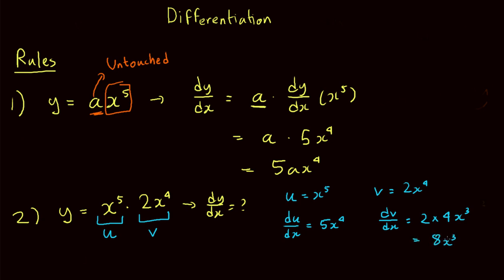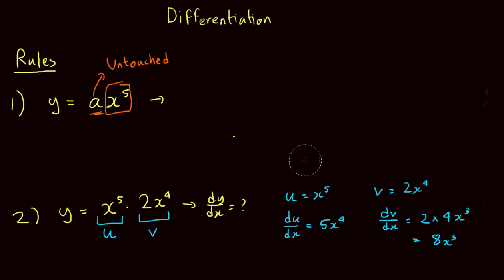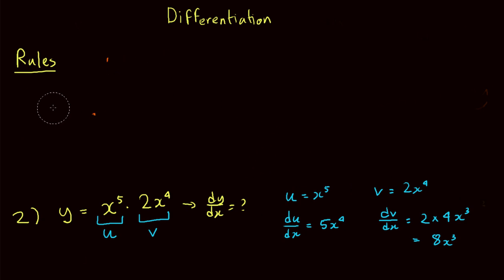Okay, so once we have got that, what is our next step? Let me erase this part. I'm going to erase the first rule, by the way, because I think we already know what the first rule is. We're going to write it like this. We're going to write it as dy dx.